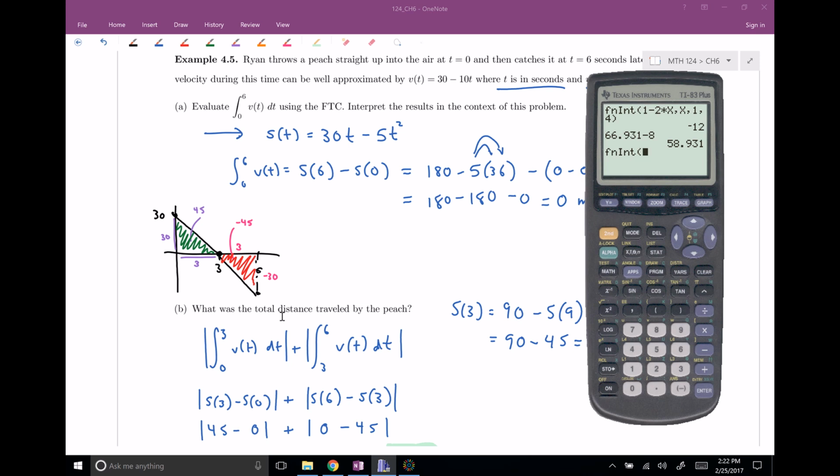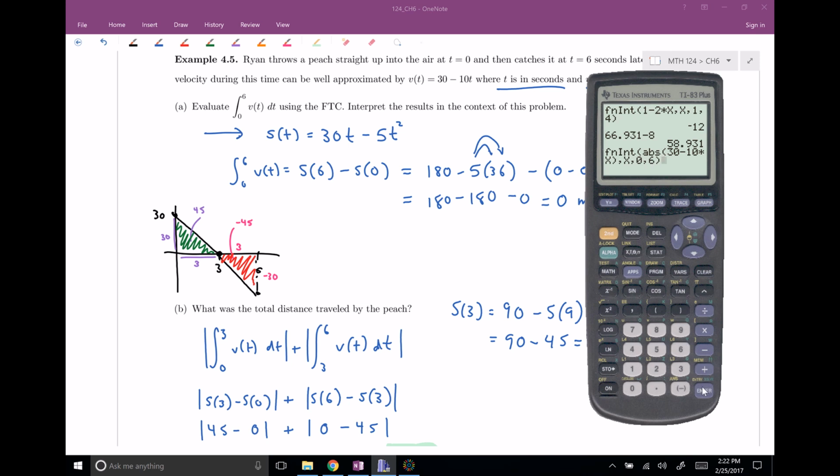But if I wanted the total distance traveled, I'm going to do the absolute value. So I'm going to do second, and under number we can get abs, right? So this is going to be 30 minus 10 times x, close the parentheses for the absolute value, integrate with respect to x, go from 0 to 6.